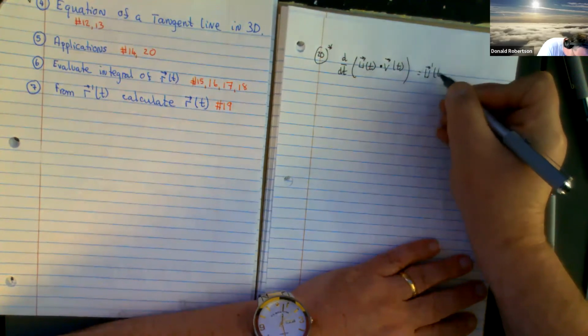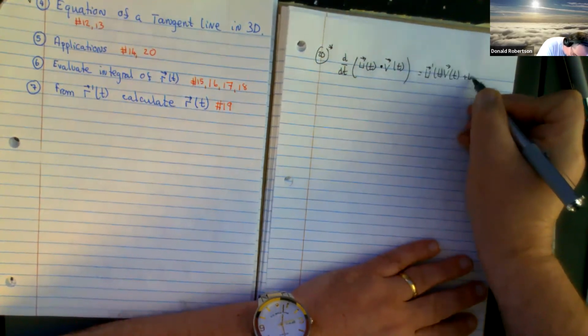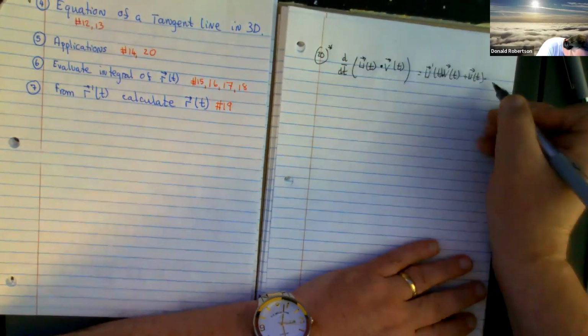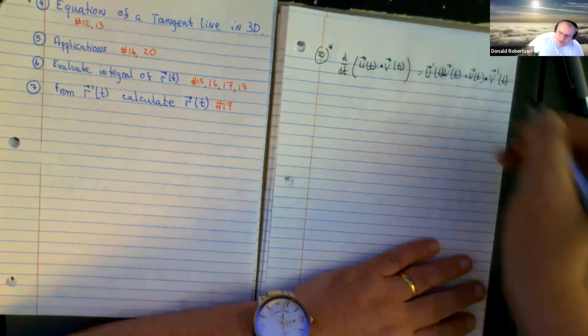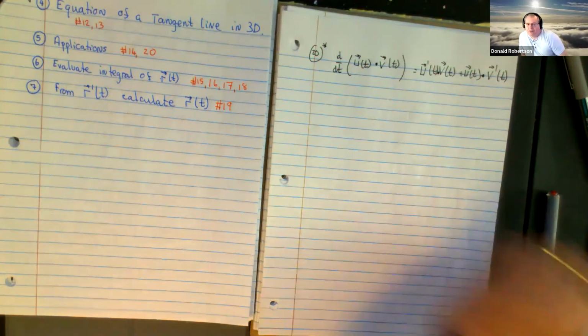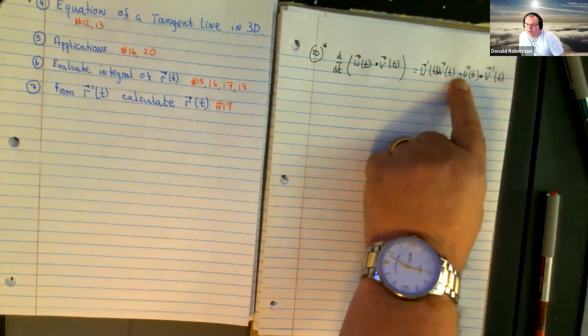u dashed of t dot v of t plus u of t dot v dashed of t. Does that remind you of anything? The derivative of this dot product is that dot product plus that dot product.